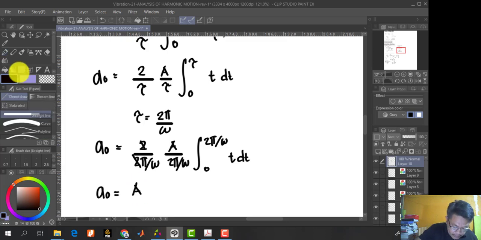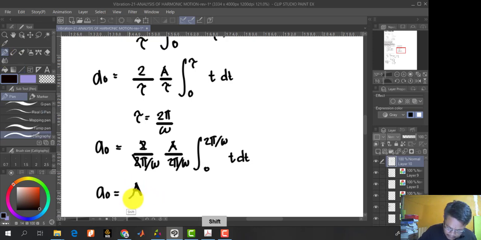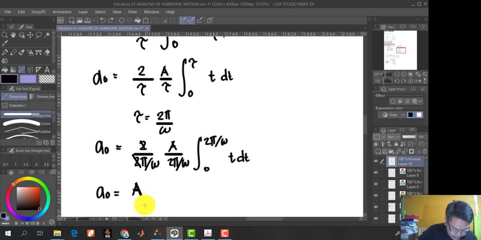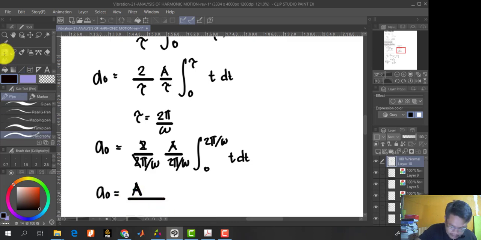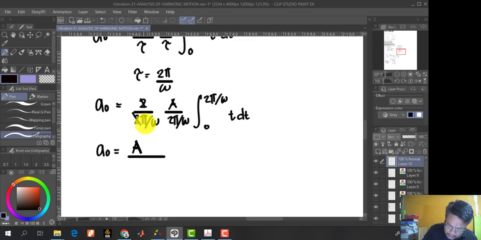So we can combine this one, sorry, this will be a, all over, this will be 2 pi, 2 pi times 2, so that will be 2 pi. And the angular velocity, let's move it to the top, so this will be angular velocity squared, then this will be 2 pi squared already, right?